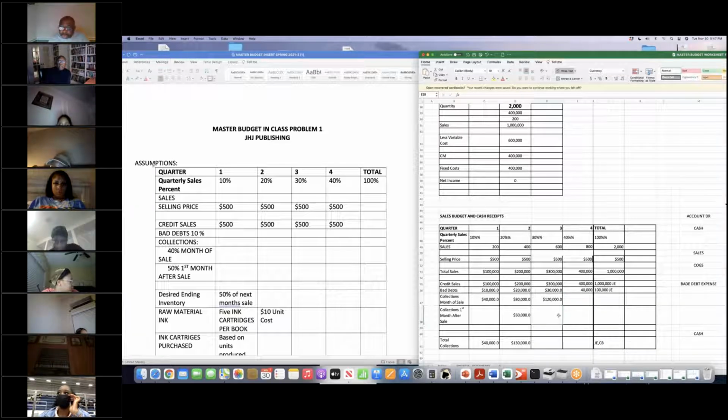Then we're going to get 50% of the prior quarter. 50% of 200,000 is 100,000. So how much do we have in that third quarter? 220,000.